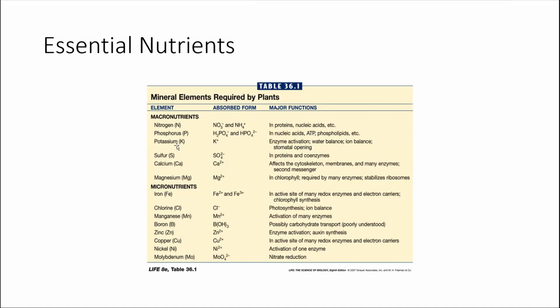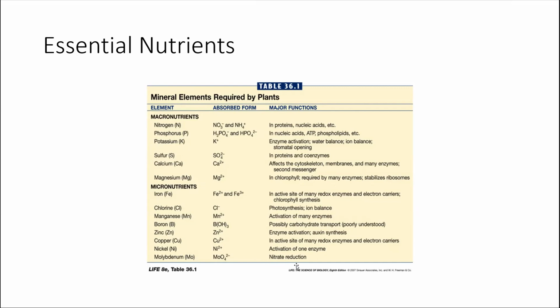When there's a higher ratio of potassium to water, and there's water available, then water will cross through the cell membrane, through osmosis, go into those guard cells and puff them up and make them more turgid. So this is sort of how all of these nutrients work within the plant.